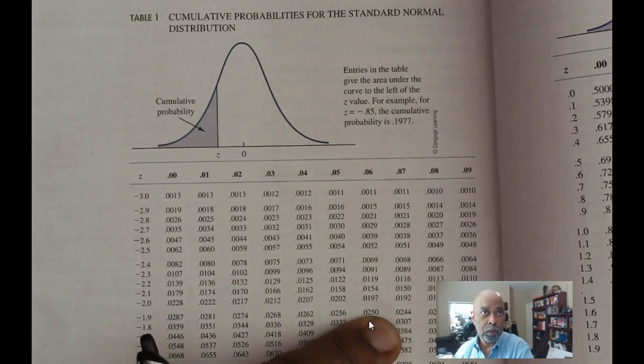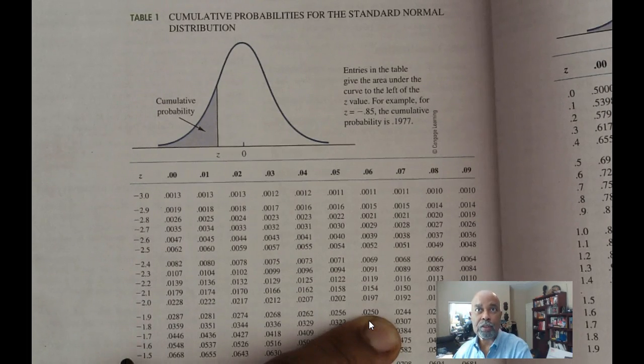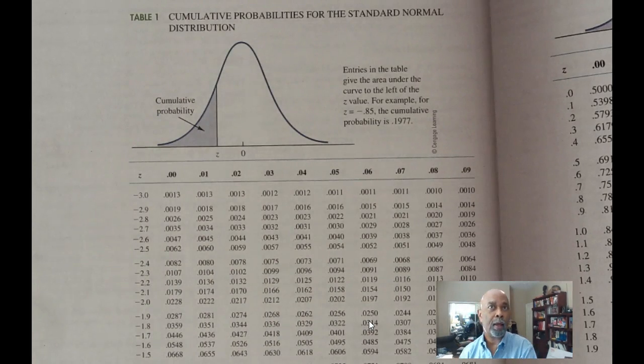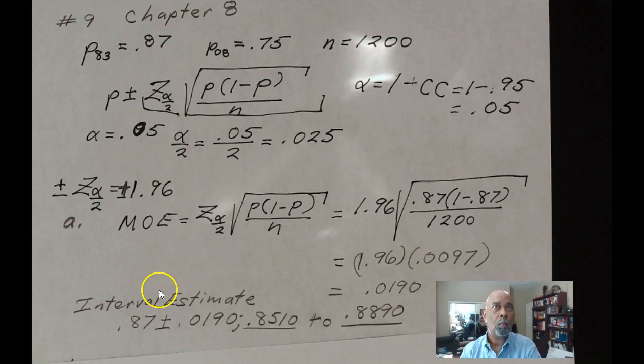That corresponds to, in this case, a negative 1.96. We're going to use both the plus and the minus value in our calculation. So our critical Z value is simply 1.96.